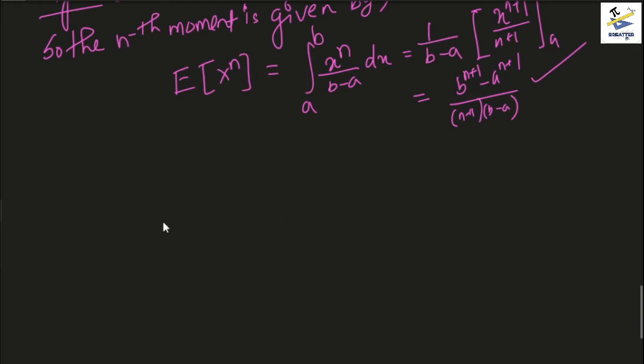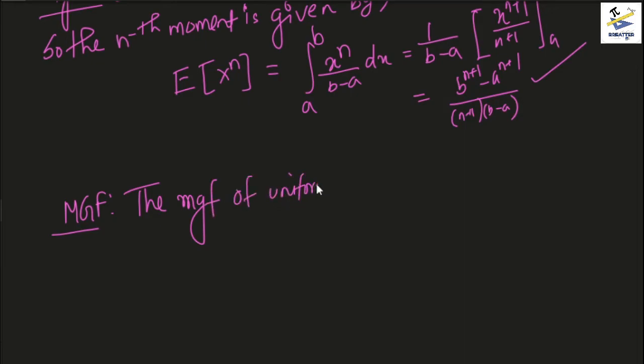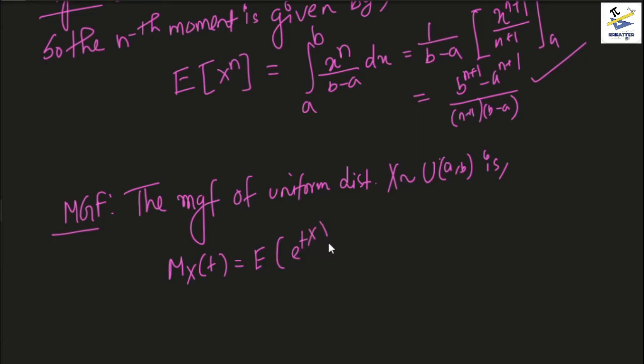Now what we can do is we can find the MGF and the CF as well. So the MGF will look something like this. It is given by Mx of t as usual, which is expectation of e to the power tx, and this is equal to the integral over real numbers of e to the power tx times the PDF, which is 1 by b minus a dx.